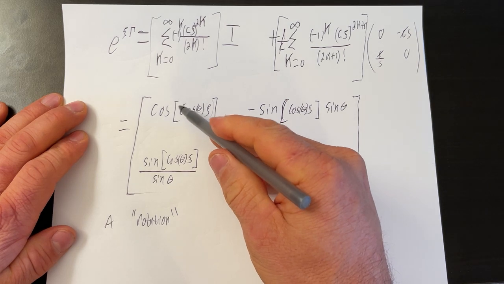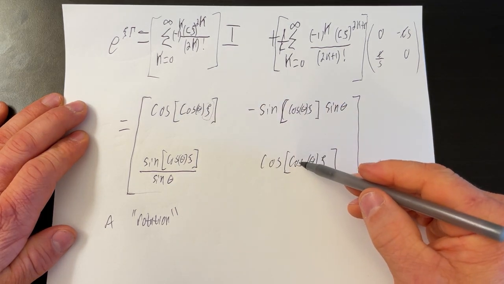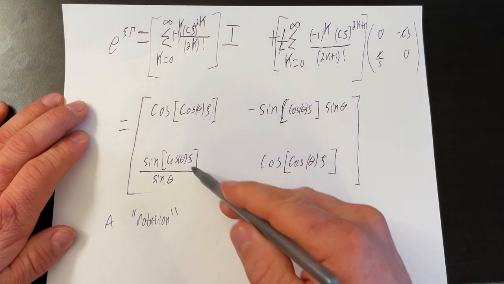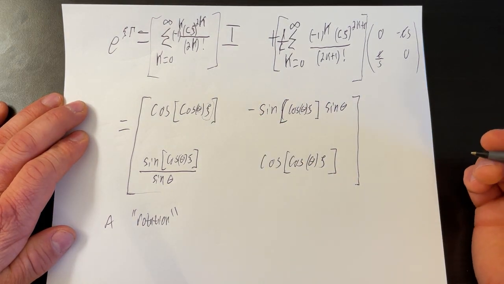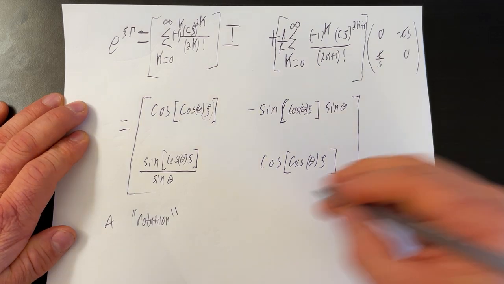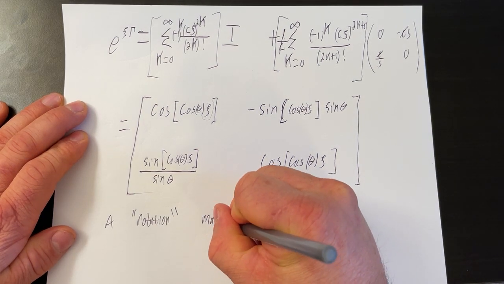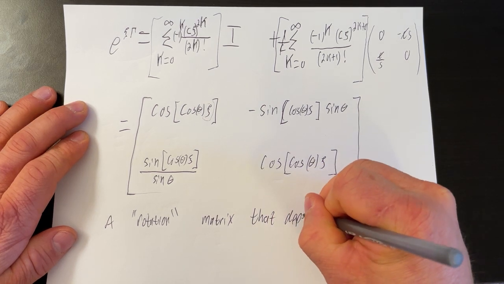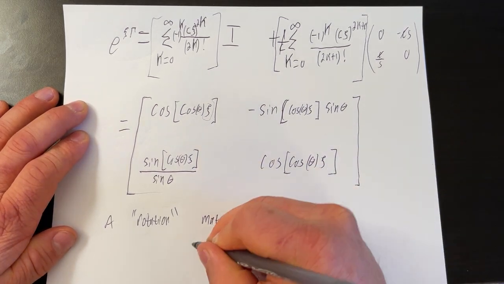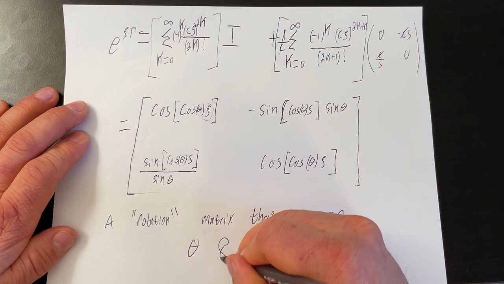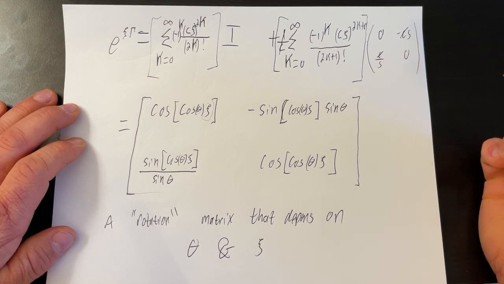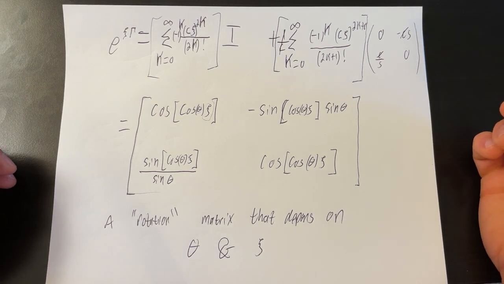Rotation would have to be cosine of something, sine of something, cosine, cosine, negative sine, sine, but you can see that it doesn't quite work out perfectly. A rotation matrix that depends on theta and c. Remember that c is the amount that we change the coordinate phi.